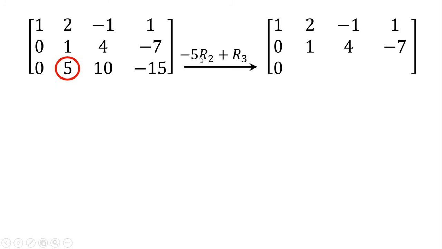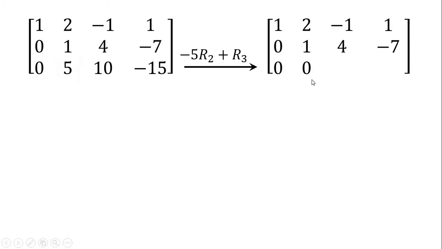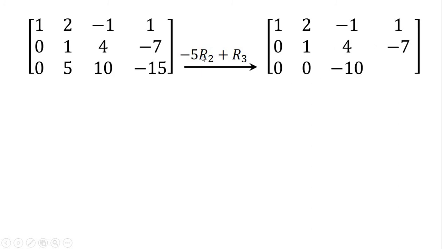For the first entry, I have negative 5 times 0 is 0 plus 0 is a 0. Negative 5 times 1 is negative 5 plus 5 is a 0. Negative 5 times 4 is negative 20 plus 10 is negative 10. Negative 5 times negative 7 is positive 35 plus negative 15 is positive 20.